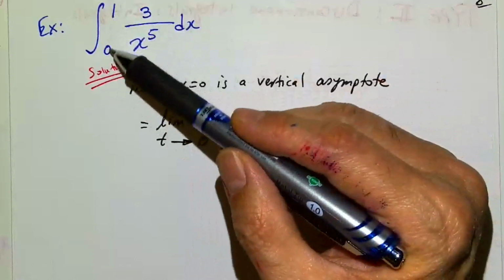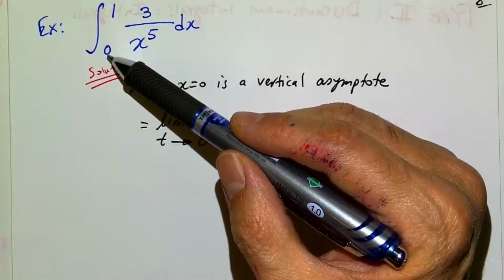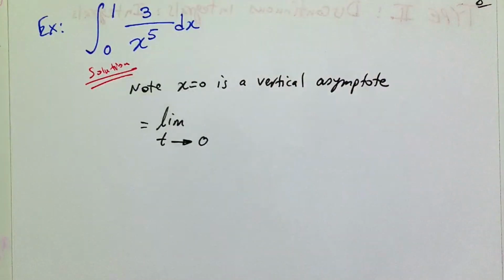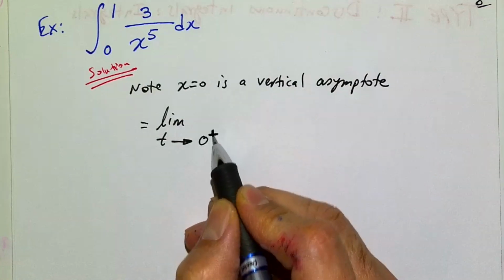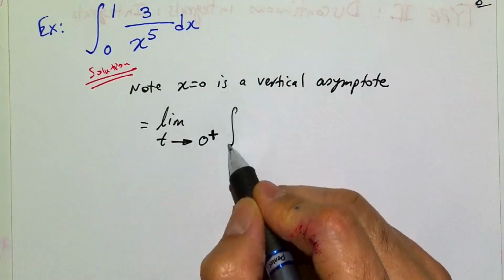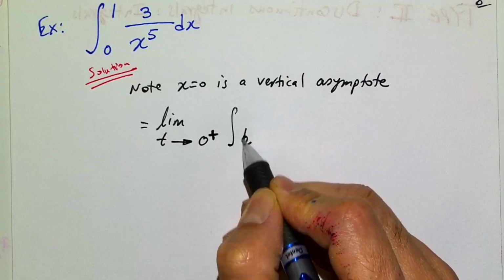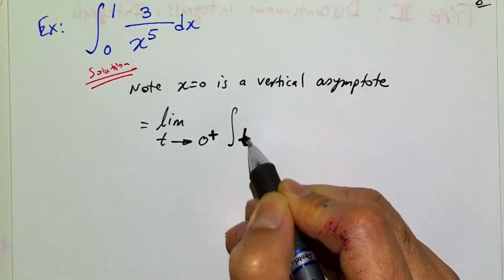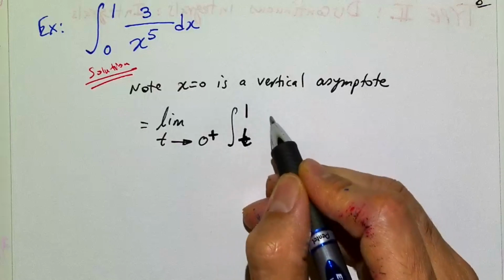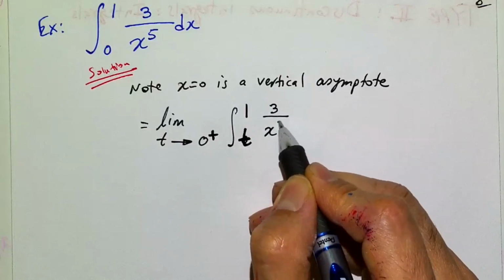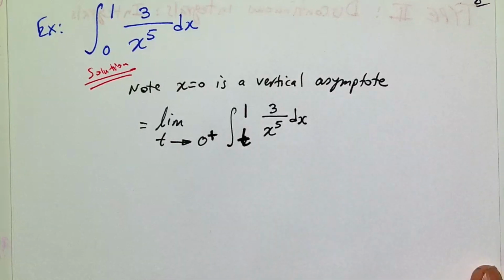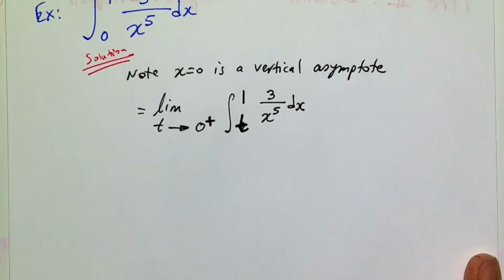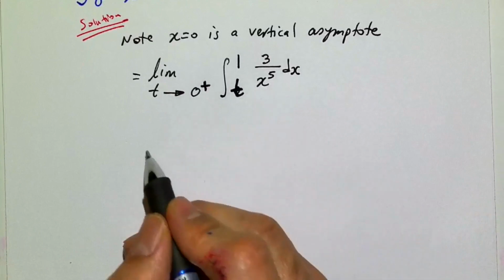The only way we can approach 0 is from the right side, right? So as t goes to 0 from the right side, this is the integral from t to 1 dx.